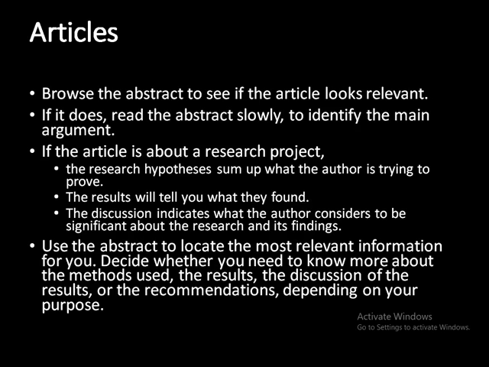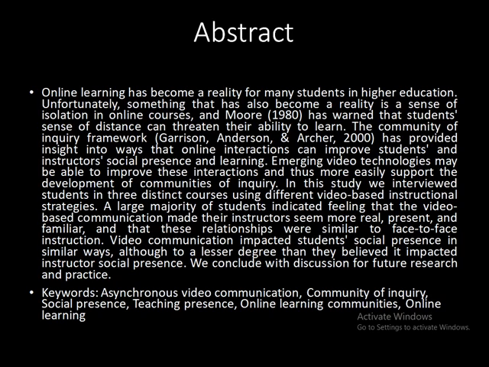Now we go to an example of an abstract. As you can see on the screen, there is an abstract here, very short, only a paragraph. It contains a title, the abstract, and then one paragraph. But in that one paragraph, it contains so much condensed information that you need to decide whether you will read the article or not.